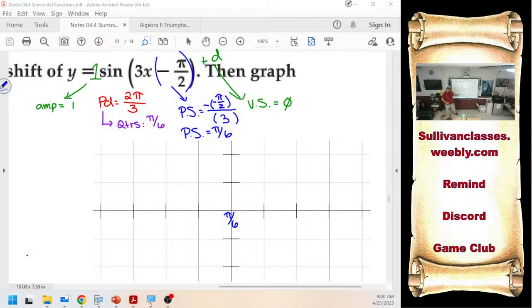No, I cannot just put 2 pi over 3 at both ends, because pi over 6 plus 2 pi over 3. Now do you see why I said you got no fractions? Pi over 6 plus 2 pi over 3 is 4 pi over 6 becomes 5 pi over 6.